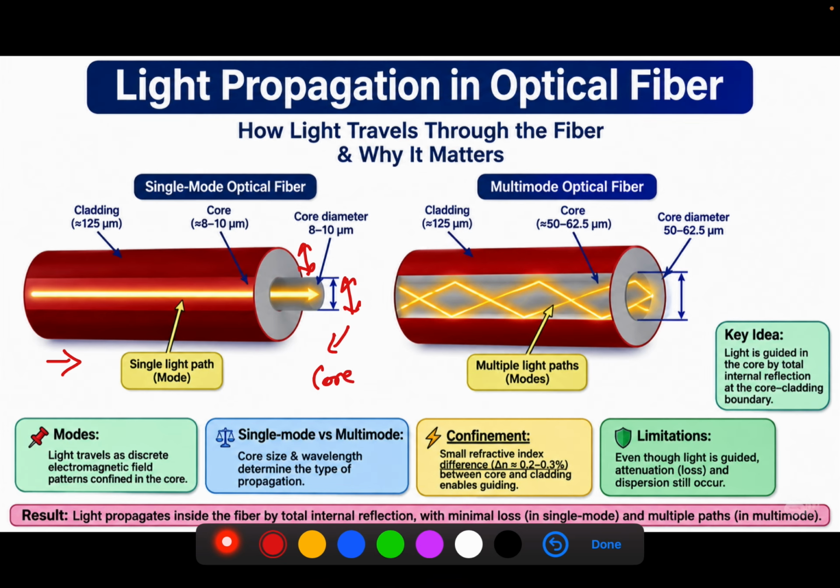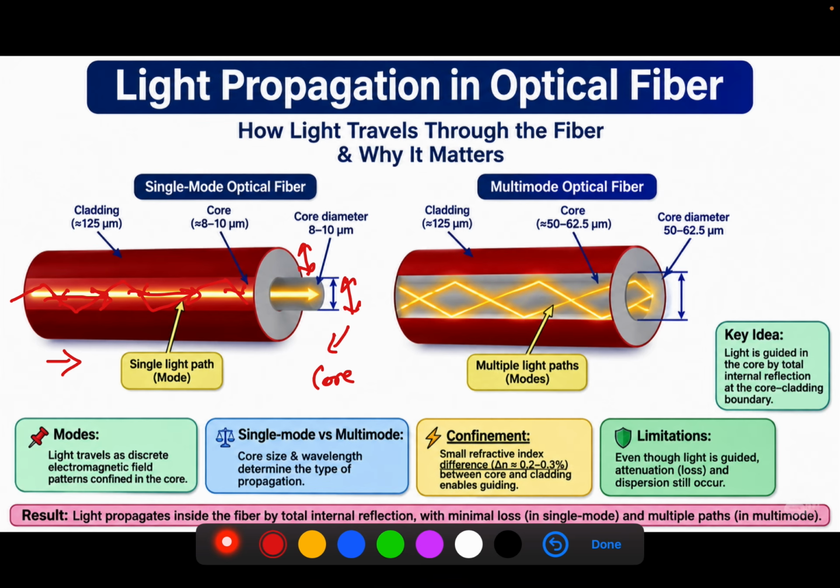Now when the light enters the fiber, because of total internal reflection, it will get guided using the internal reflection inside the core. The core-clad boundary basically reflects the light inside.